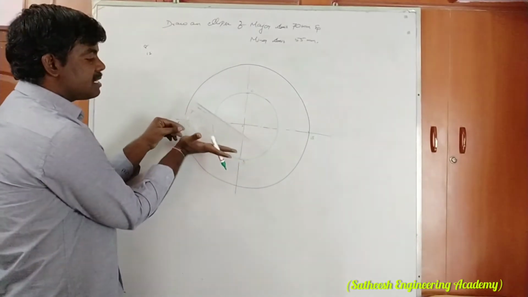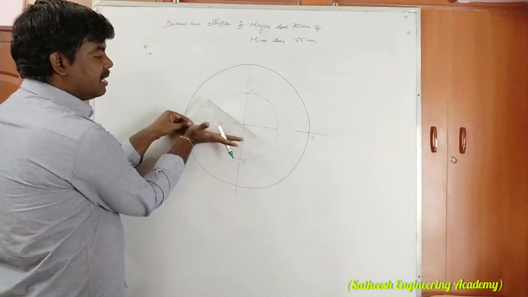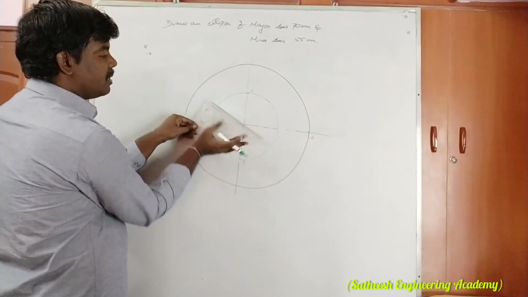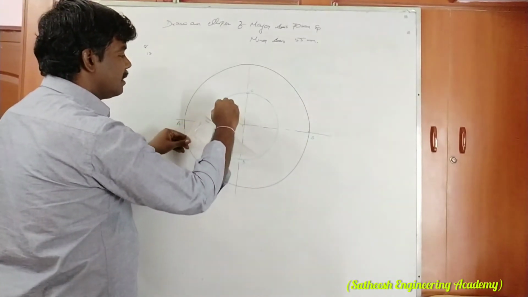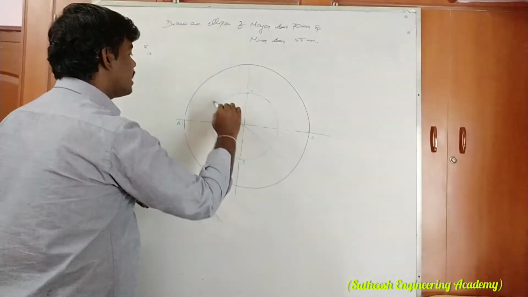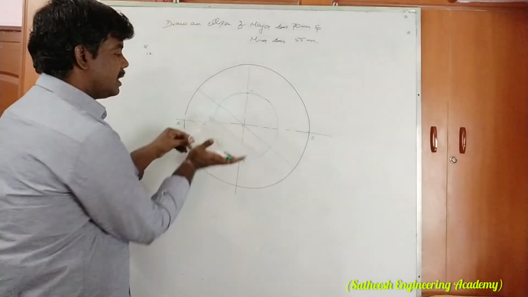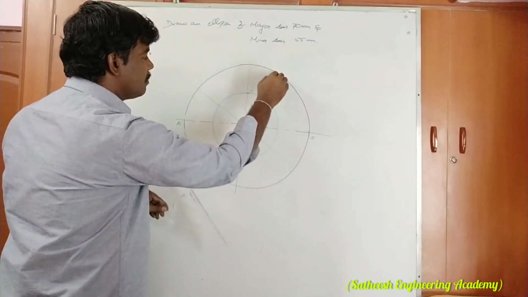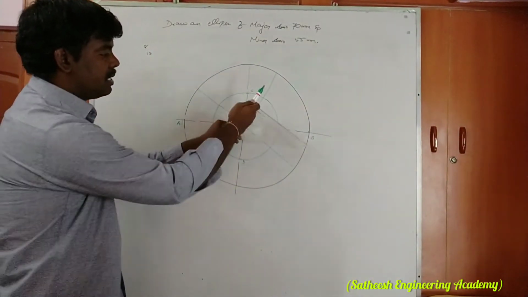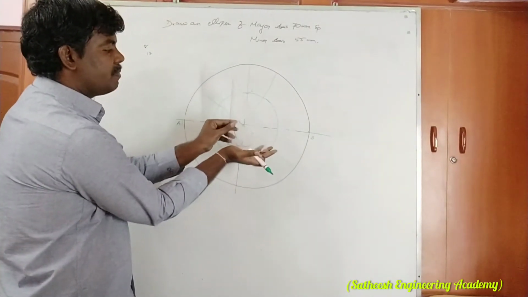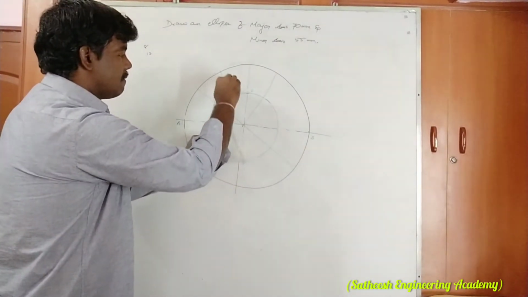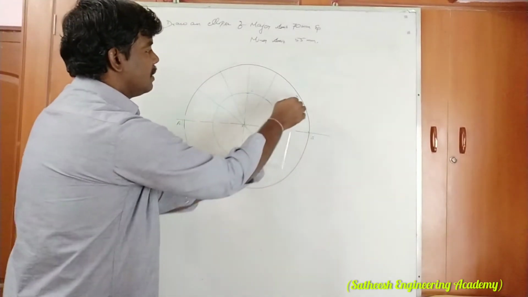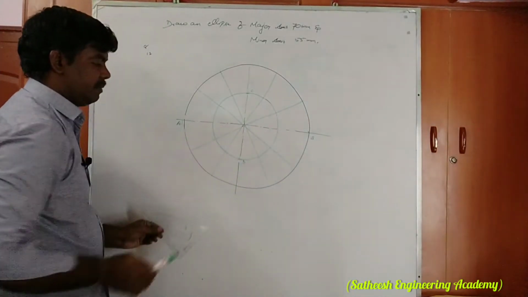Place the drafter perfectly horizontal, keep the set square on the drafter scale, and draw the first 30 degree line and extend it. Next, move the set square using the 60 degree edge, then change the position again, now 30.